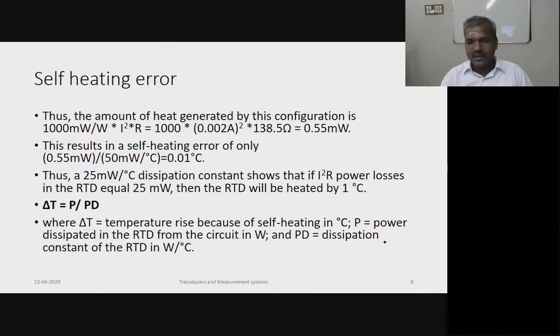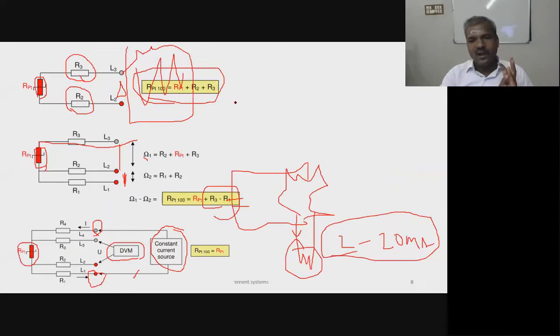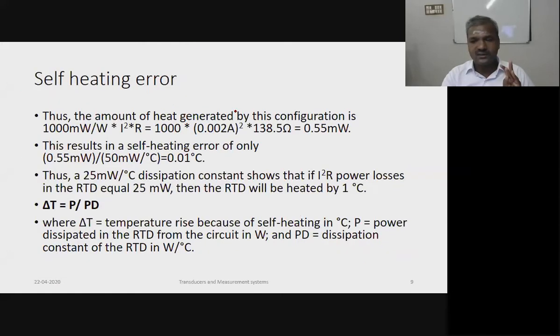Normally the alpha coefficient is given, and the dissipation constant of the RTD is also given.